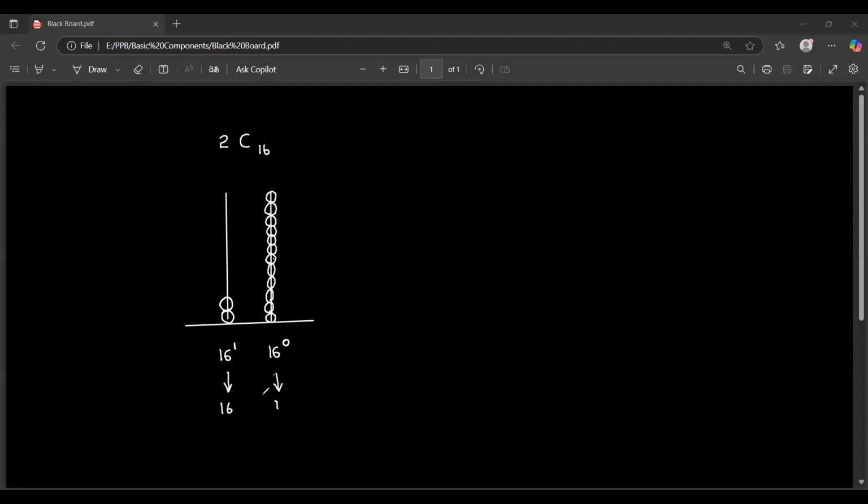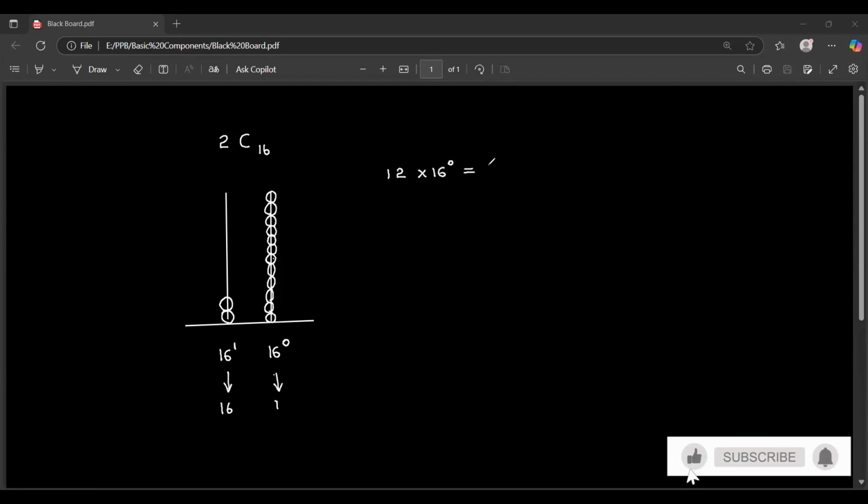We have to multiply 1 by 12 and 16 by 2. So 12 times 16 to the power 0 is equal to 12 into 1, which is equal to 12.